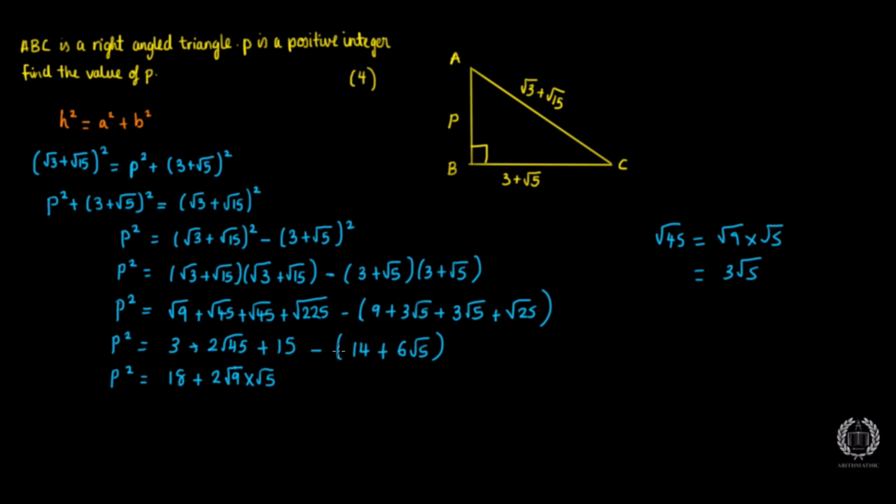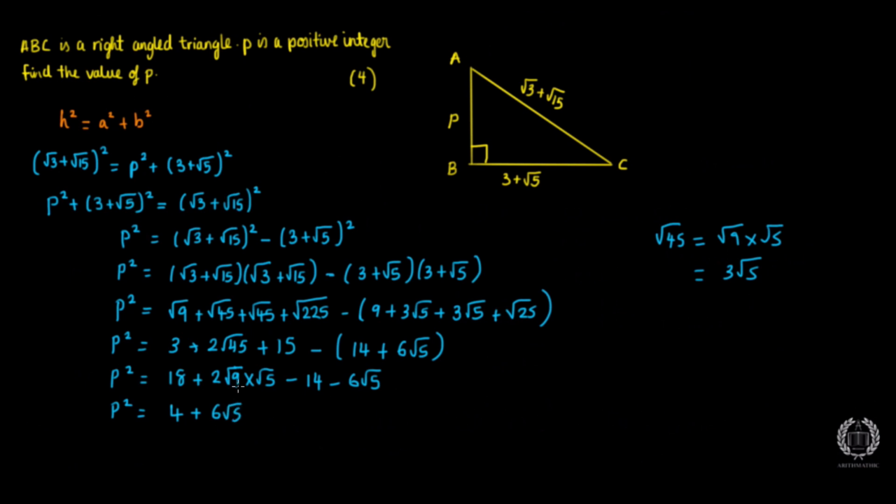Now this minus, be careful, this minus we're going to multiply by every single term inside this bracket. So minus times 14 is going to be minus 14, minus times 6 root 5 is going to be minus 6 root 5. Now p squared is equal to 18 minus 14 is 4. Now root 9, so plus, what is root 9? 3. 3 times 2 is 6, and then 6 times root 5, 6 root 5.